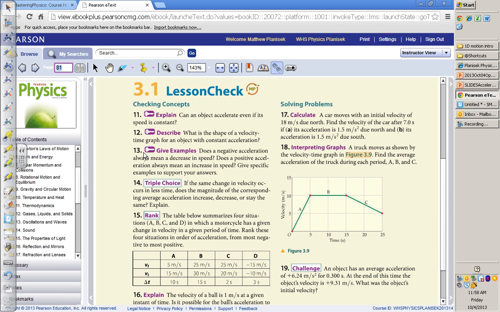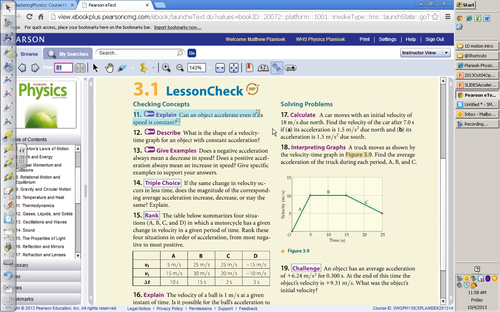That's just the section review for section 3.1, which is the introduction to acceleration. On the 3.1 lesson check is question number 11. It says, can an object accelerate even if its speed is constant? And the answer to that question is yes.